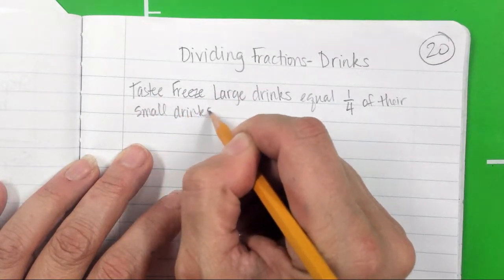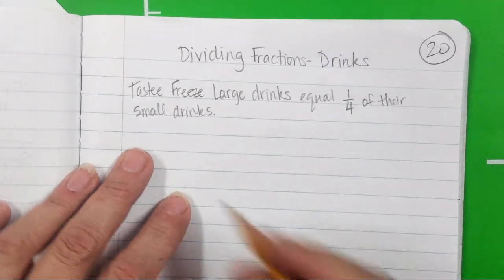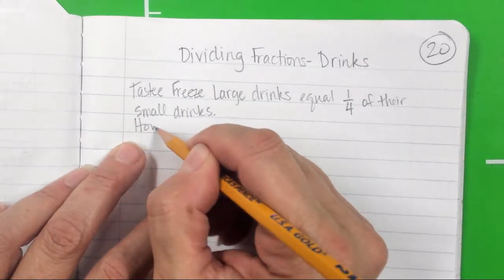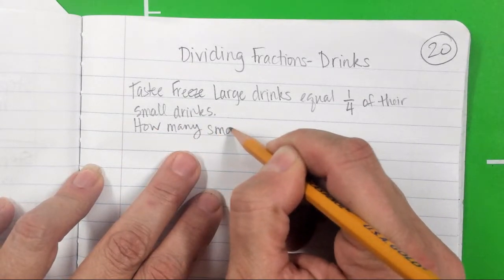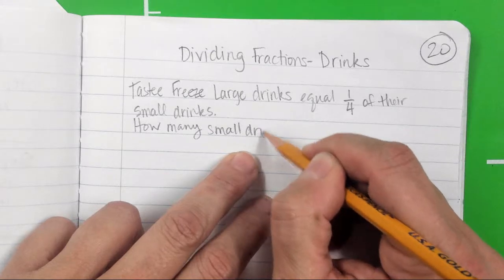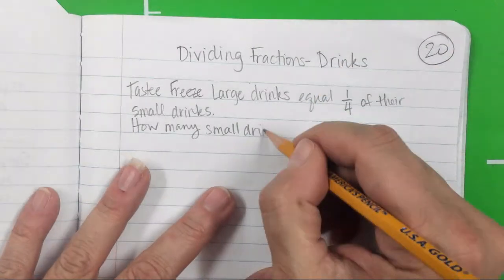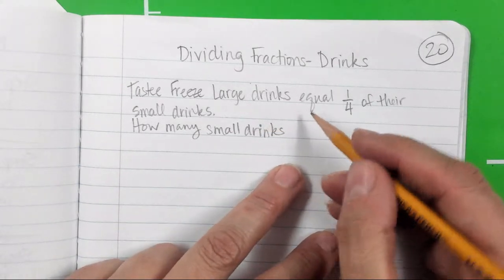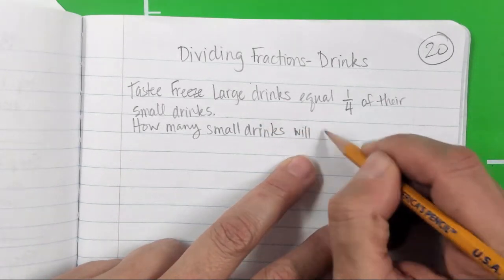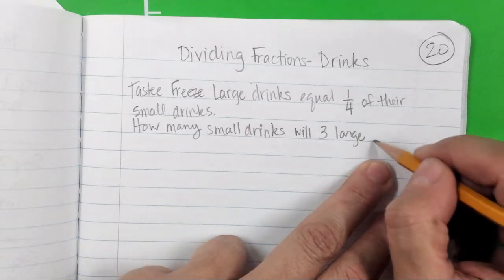So that's 1/4 of their small drinks. So how many small drinks will 3 large drinks make?